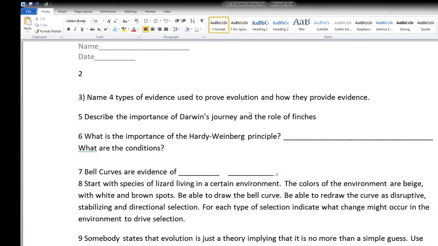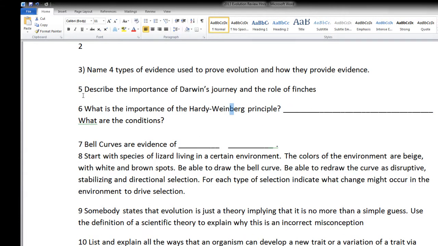Four types of evidence. Okay, well, we just went over all the evidence and how they are evidence. So Darwin obviously went on the boat trip, and he collected all sorts of different animals who were similar, like finches. And he looked at what was different about them in different environments.